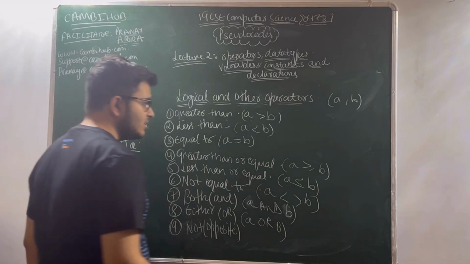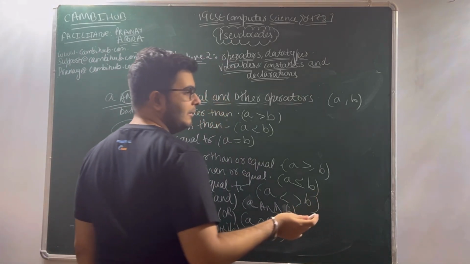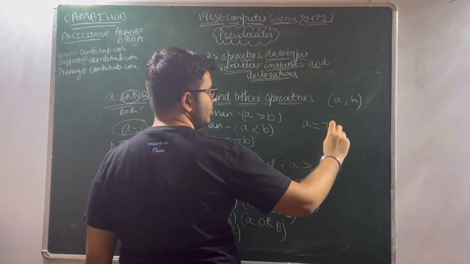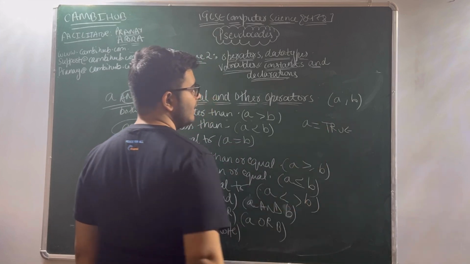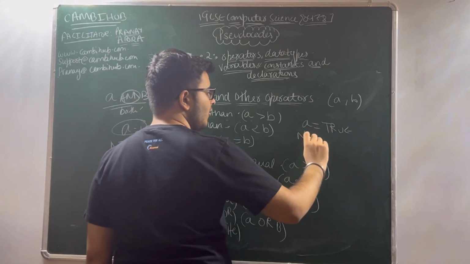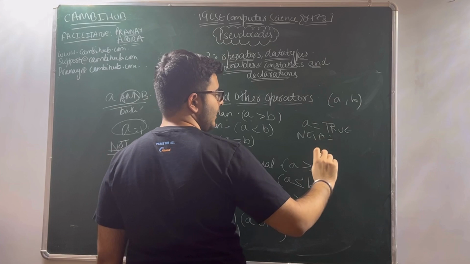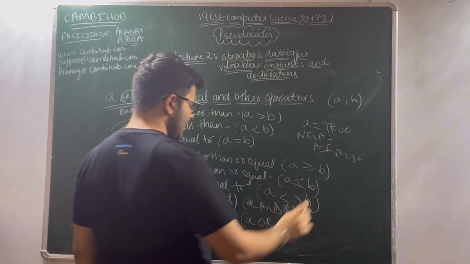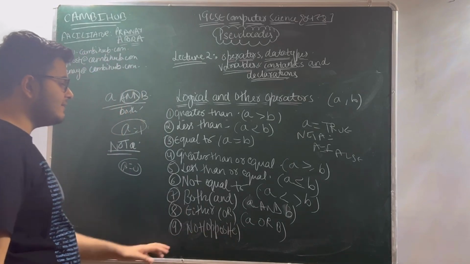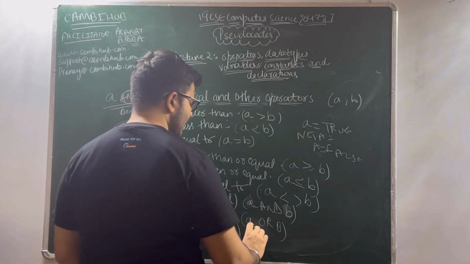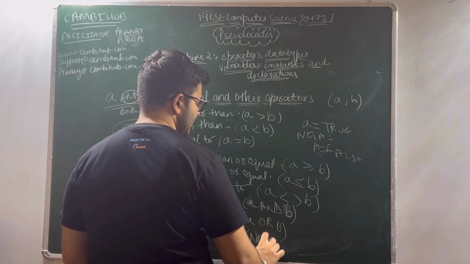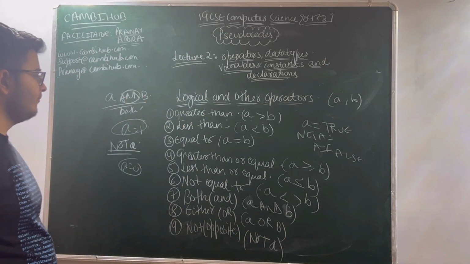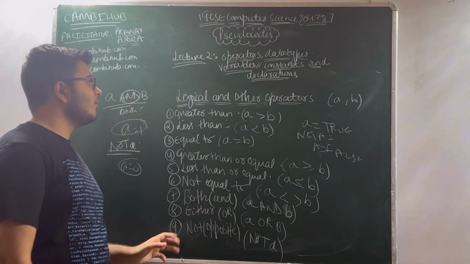Suppose originally A had a Boolean value true. If I do NOT of A, A will become false. So NOT exactly does the opposite of it. How do I write NOT? I just write NOT in capitals and the variable's name. So these are logical and other operators.